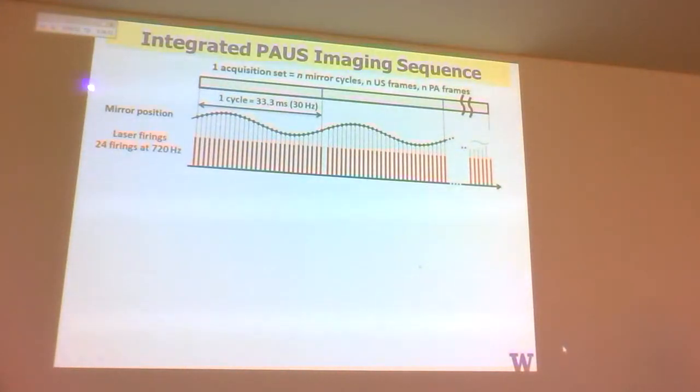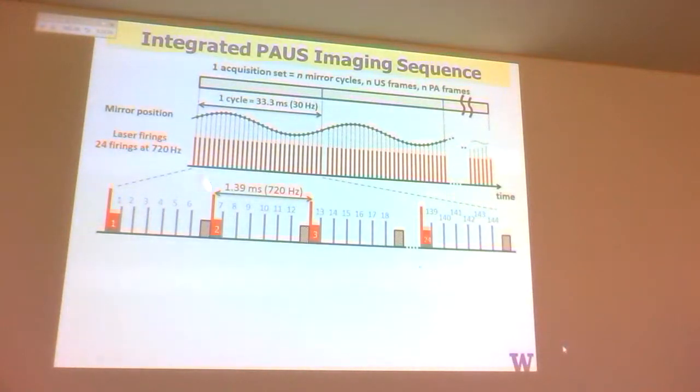So what we've done is we've designed a scan sequence for this, where as the laser firings are scanning, we're interleaving ultrasound firing. This is just a blow-up. But as we're moving the laser along, we're also moving ultrasound beams along. So we're integrating and interleaving the photoacoustic data acquisition and reconstruction with the ultrasound data acquisition and reconstruction.